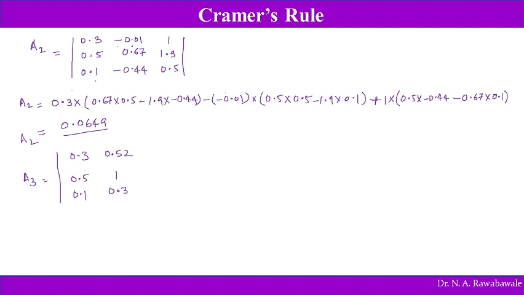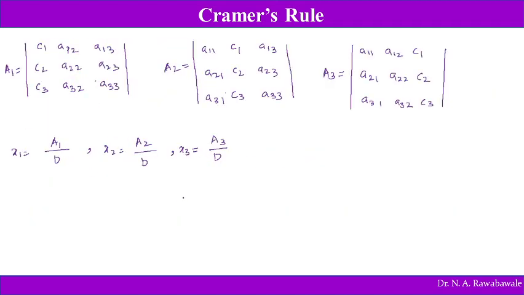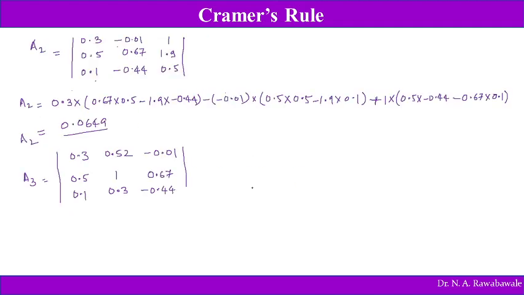So the constant terms are transferred to the third column, that is minus 0.01, 0.67, minus 0.44. As we have seen in the first, this constant column just gets shifted to second, then third. So here it is in second and here it is in third. In the same way we are going to get this.